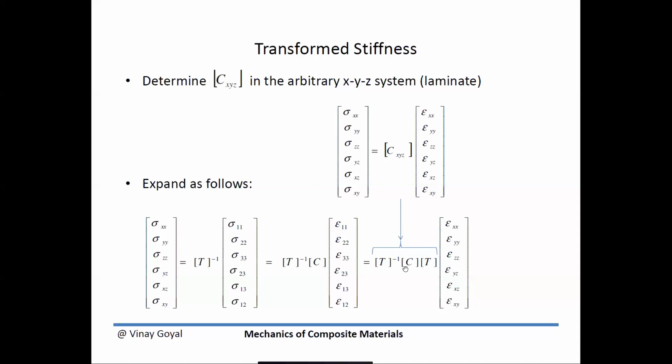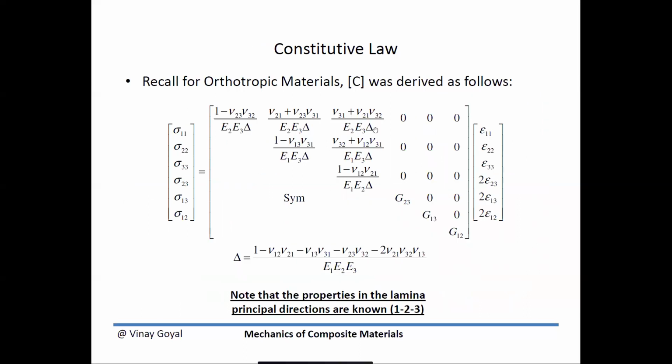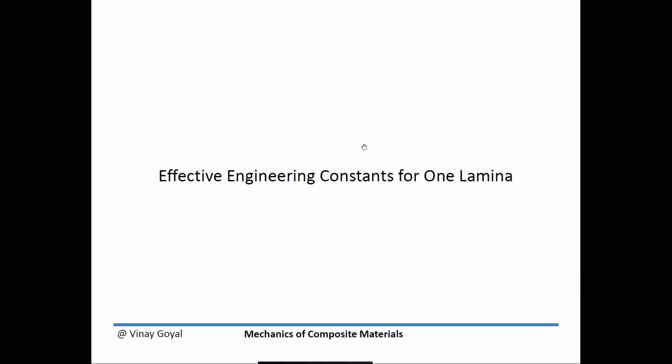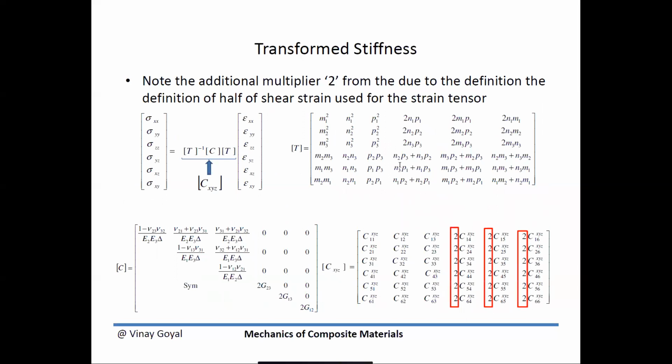So given C in the lamina coordinate system, I can figure out a way of finding C_XYZ, the constitutive law, but now in the laminate coordinate system, XYZ. So this is where we have landed.